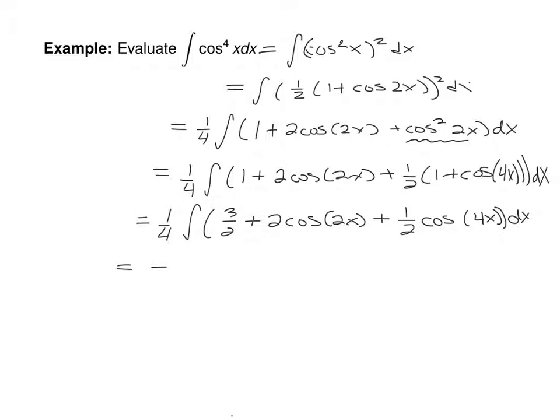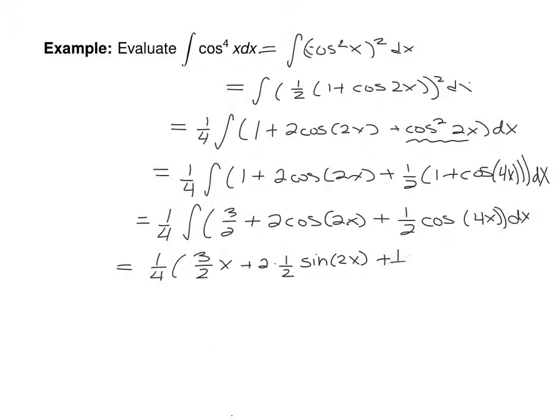So 1/4, the antiderivative of 3/2 is just 3/2 x. A note about the variables: make sure your variables match. Like if that was 2 theta, make sure that was a theta. The antiderivative of cosine, so we'll have 2 sine 2x, and we're going to need a 1/2 there to compensate. Notice that 1/2 and 2 will cancel. If you see that right away, not a problem, don't write it down.